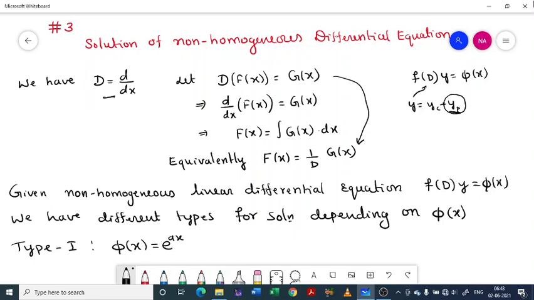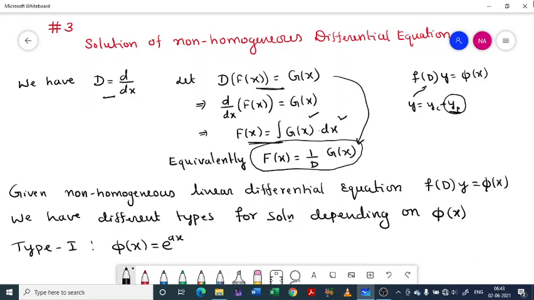So with this in mind and using these notations, we write this expression. What does this suggest? This suggests f of x can be written in terms of g of x. That is suggested by this expression. We have D f of x equal to g of x.